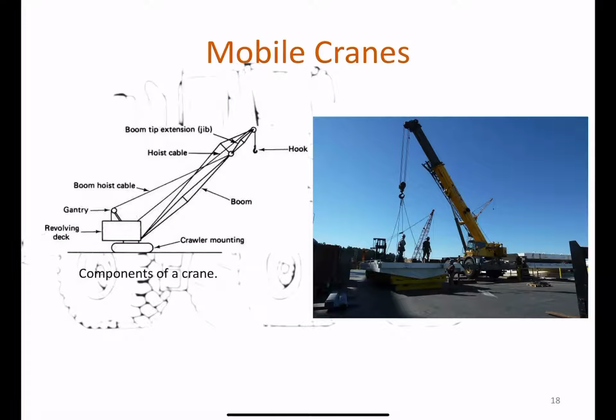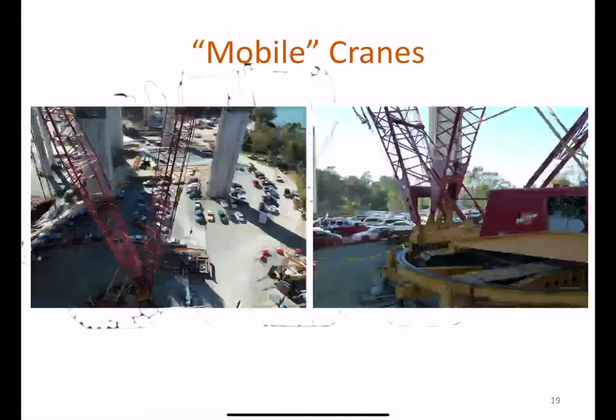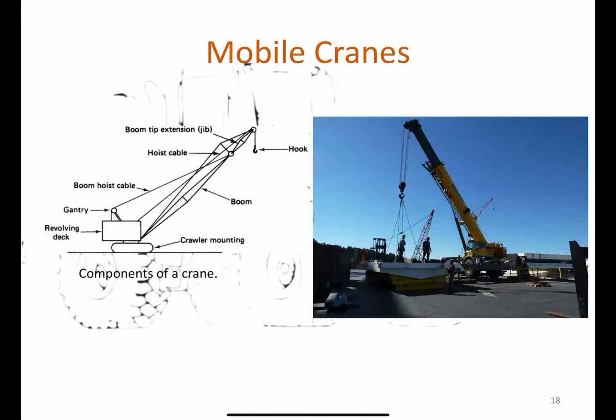As you can see, the first one is a mobile crane, and typically on the left side it's a crawler mounting, and they have a boom, a cable, boom extension, the hook, etc. And then on your right side, we have a mobile crane with a tire, and it can lift the material with the hook, with the boom, and uses hydraulics.